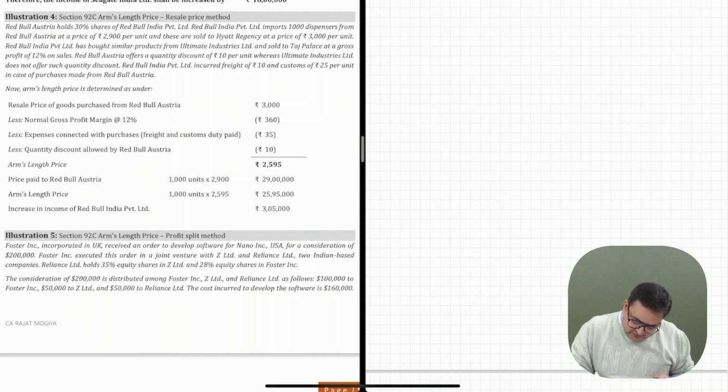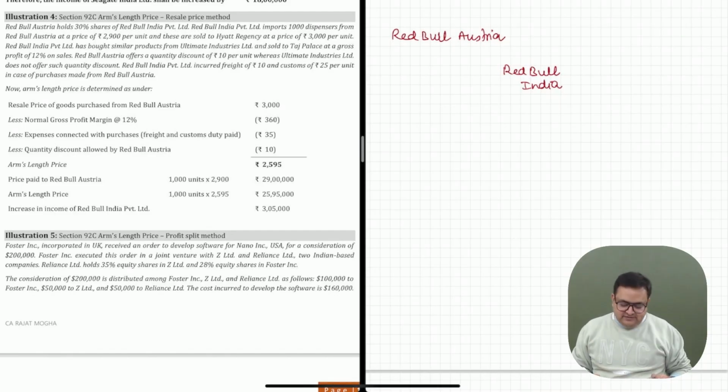So this is Red Bull India, and there is Red Bull Austria, right? They are associate enterprises. Why? Because it holds 30% shares.